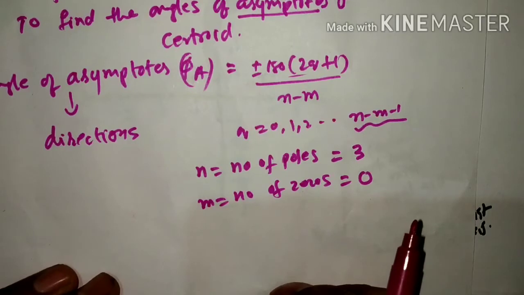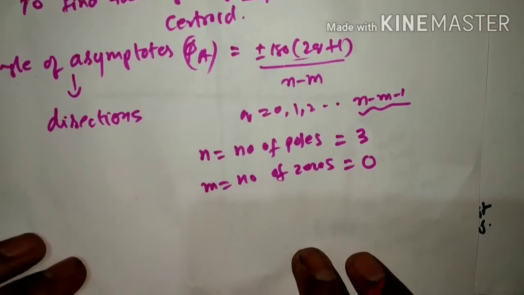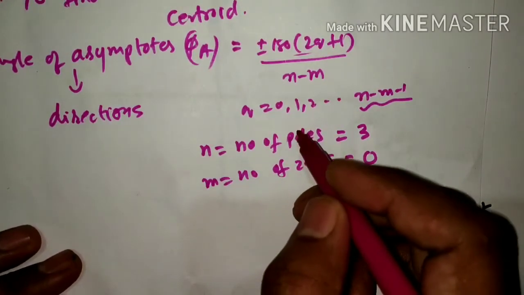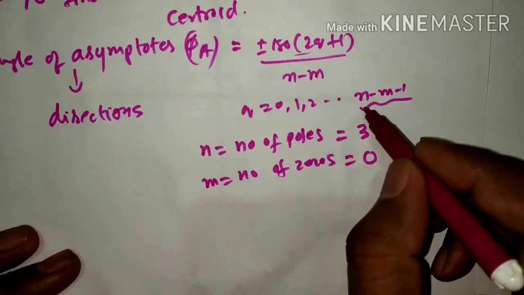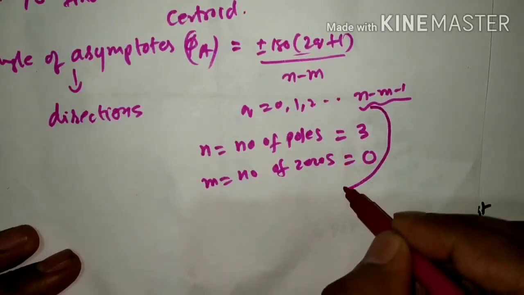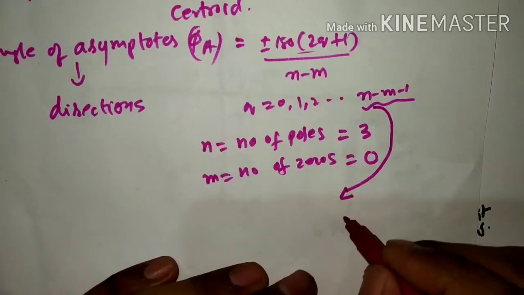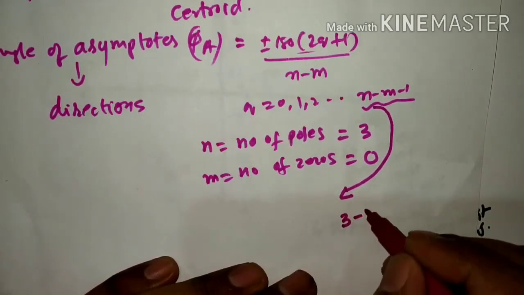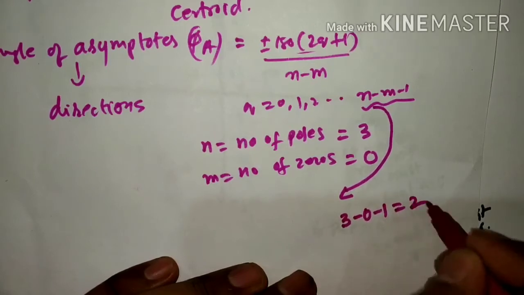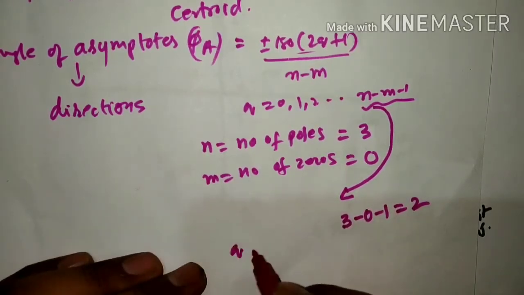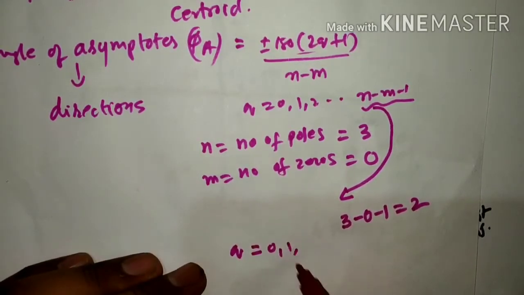So now we have to find the angle of asymptotes. How are you going to find it? First you have to substitute here. n minus m means, what is n? n is equal to 3, m is equal to 0, so n minus m is 3, minus 1, so it is 2. So q is equal to 0, 1 and 2.